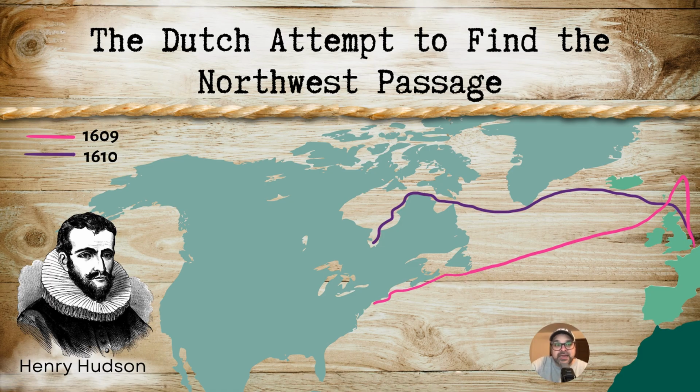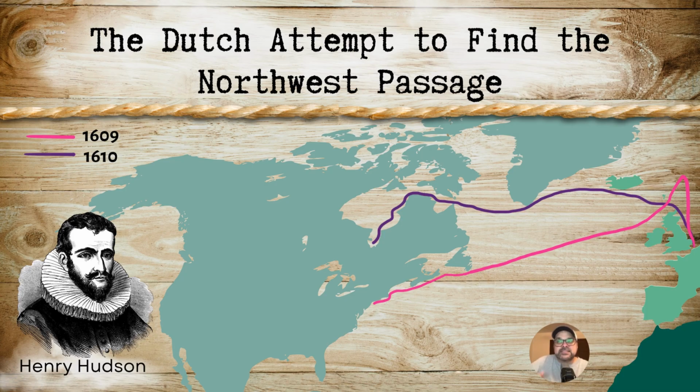The Hudson Bay, which is the endpoint of the purple line on the map in northern Canada, is named for Henry Hudson, Hudson Bay. Then the Hudson River, which comes from the Hudson Bay down to this area where the pink line is, where New York City is today, is also named after Henry Hudson.